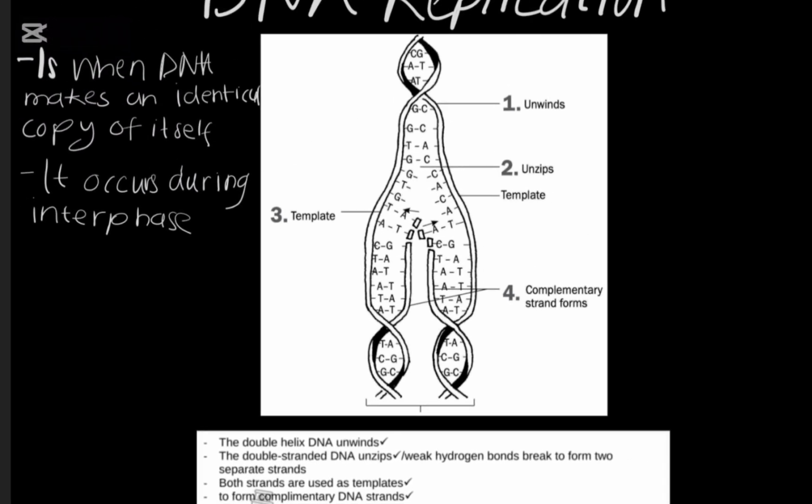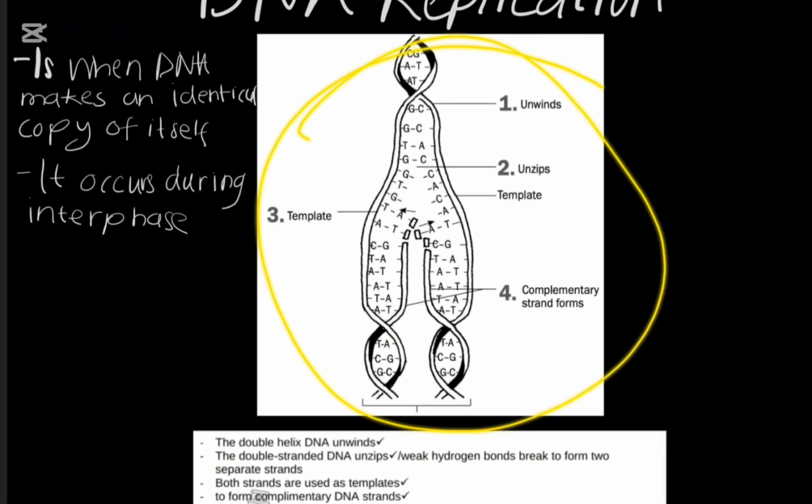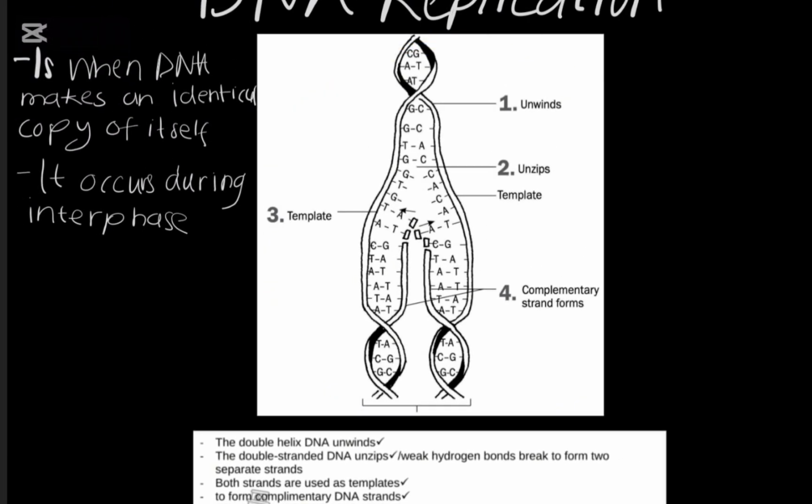I want you to understand that all of this happens in the nucleus. So these nucleotides that you see here, this is a nucleotide, this is a nucleotide, this is a nucleotide. They are from the nucleoplasm.